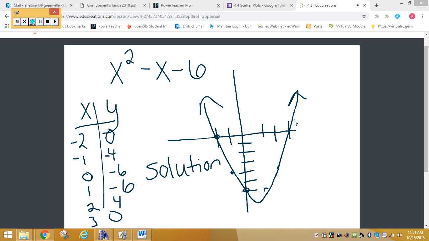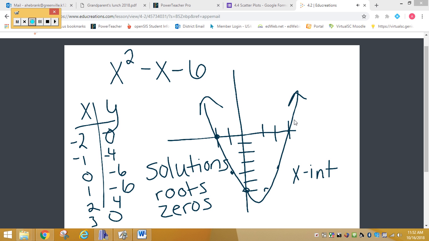So what we're doing in this lesson is I'm going to say find the solutions, which is actually really, really easy. Solutions, you might also see the word roots. You could also see the word zeros. All three of these mean the exact same thing, and what they mean are the x-intercepts. So where it crosses your x-axis, those are your solutions.